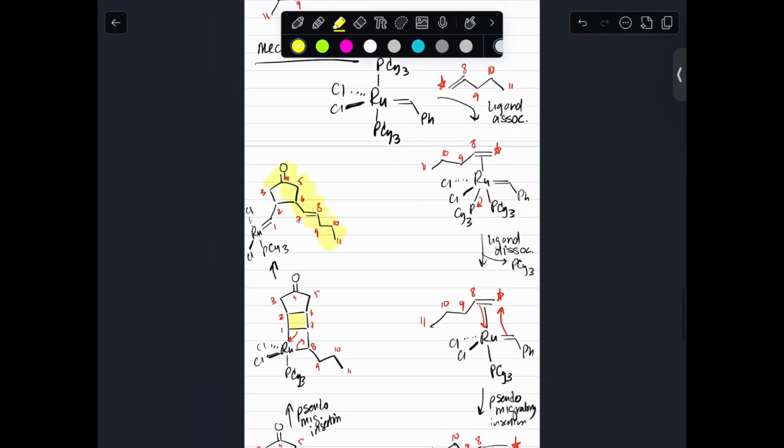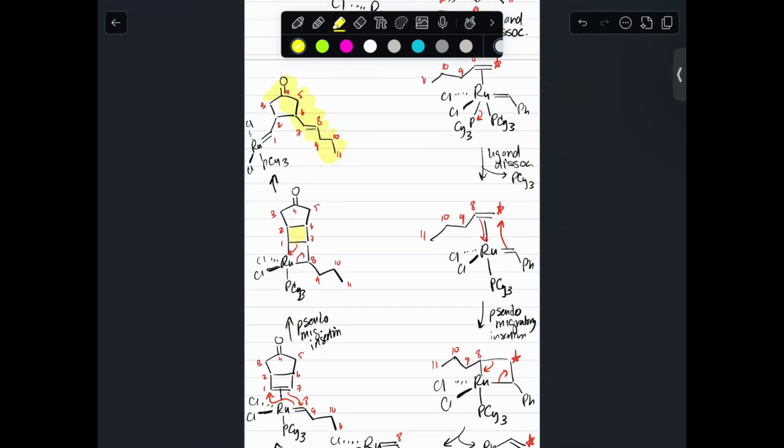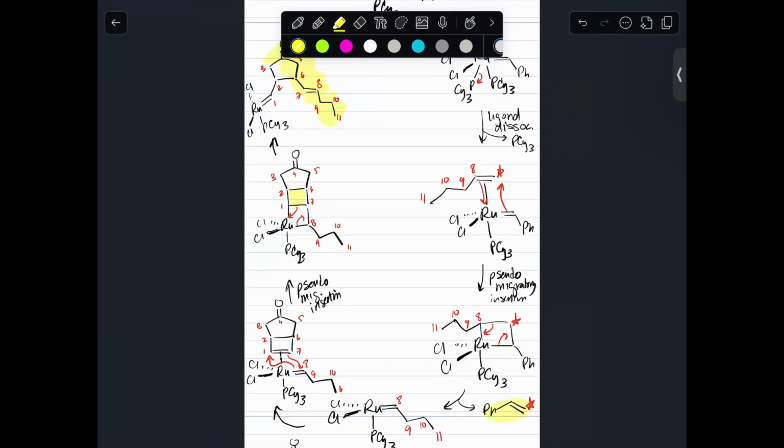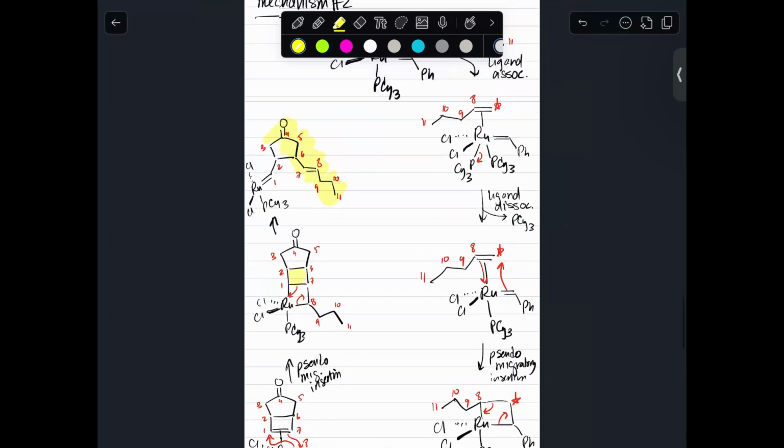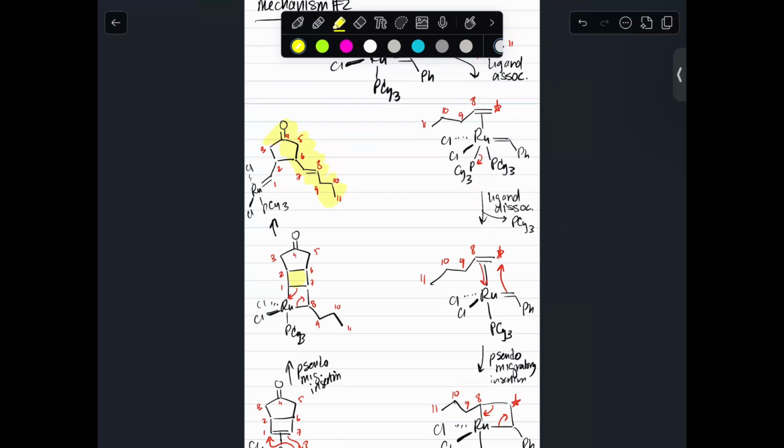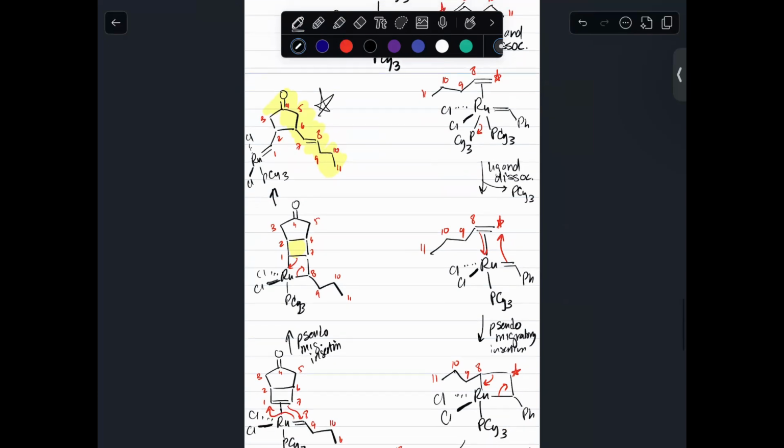Now I just need to go ahead and finish up the left side, which is perfect because I've got to introduce my styrene that I made initially, right? So let me go ahead and take what I made here, and I'll go ahead and finish the mechanism at the very bottom, okay?